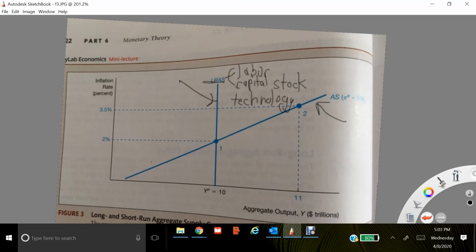As the population increases, labor would increase. Over time, as you build more factories, the capital stock increases in general. Because physical capital will deteriorate or depreciate unless you maintain that capital. We hear all about this all the time, infrastructure bill, whatever.